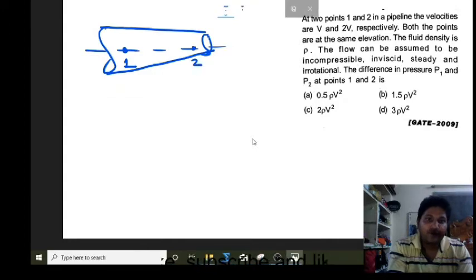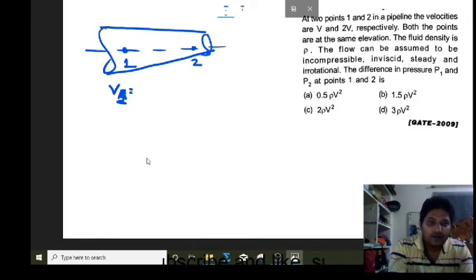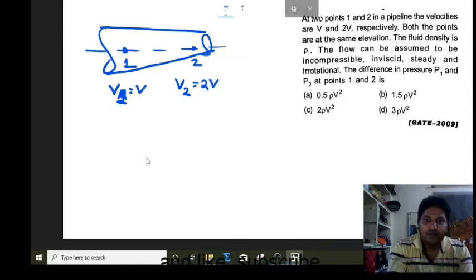The velocity at point 1 will be v and the velocity at point 2 will be 2 times v, and both the points are at the same level if you take the datum line.